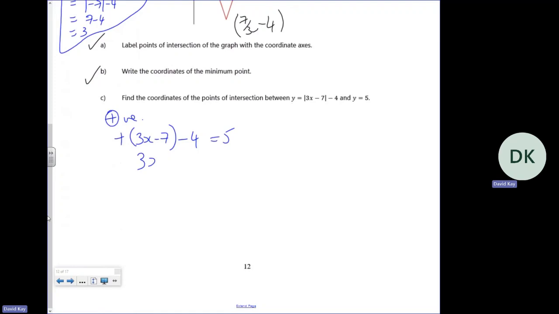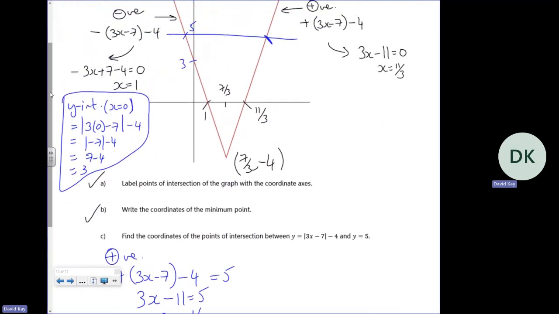So I've got 3x minus 11 is equal to 5. So 3x is 16, x is 16 over 3. So the positive part here where it crosses is at 16 over 3.